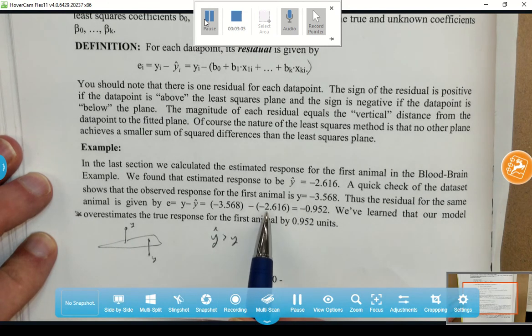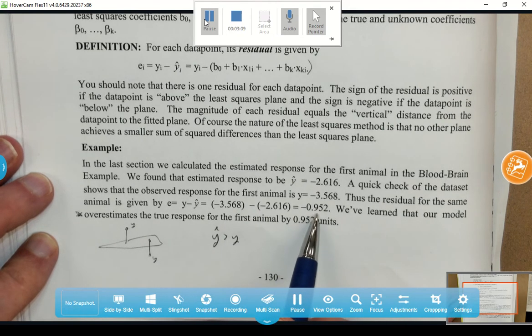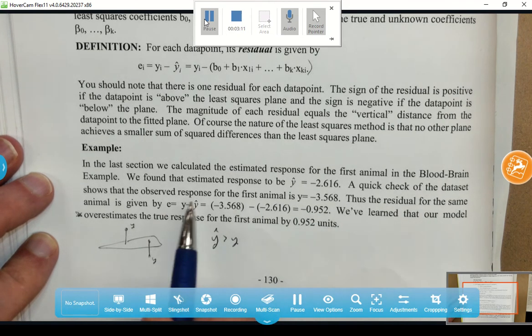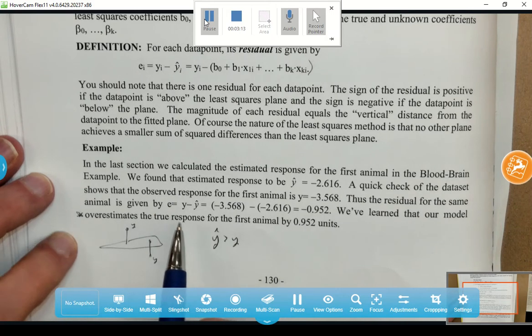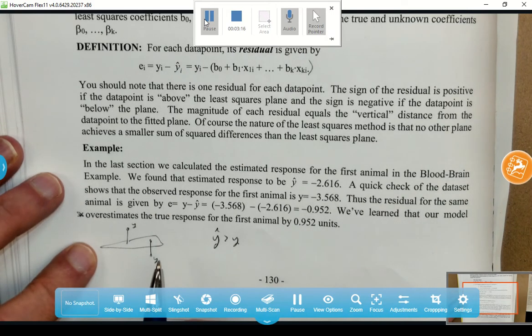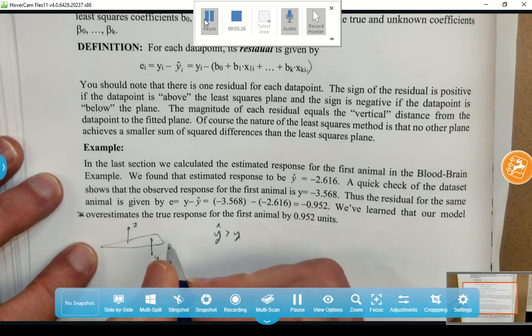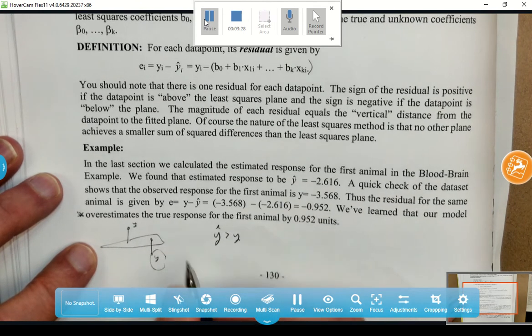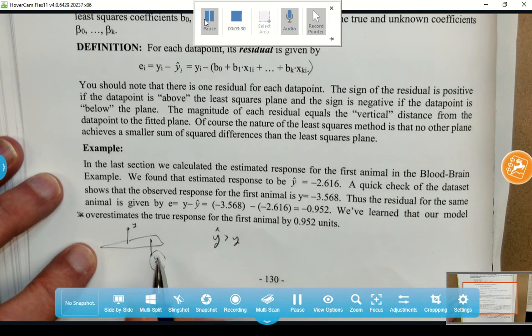Our predicted value was negative 2.616. We got negative 0.052, so our model overestimates the true response. Now just think about that. Would it be best represented by this y or this y? Pause and make a guess. And the answer would be this part right here, because the observed value y is below your predicted value in the plane.